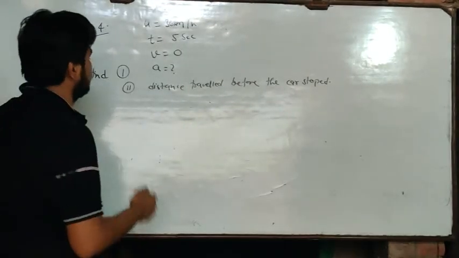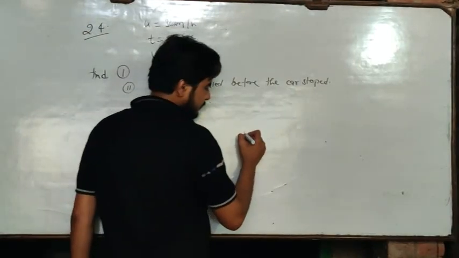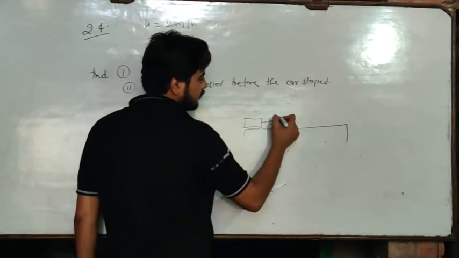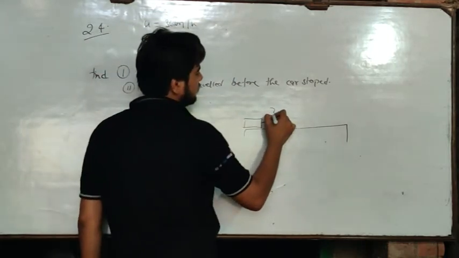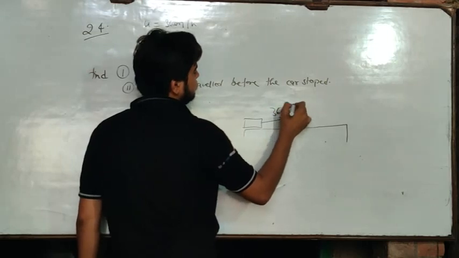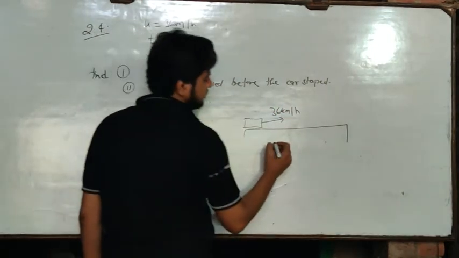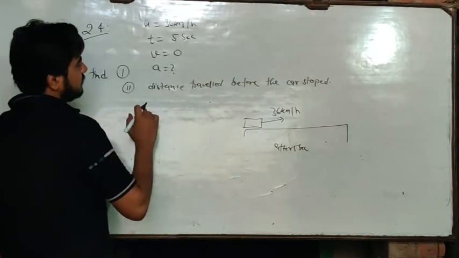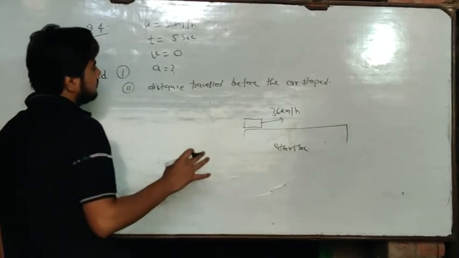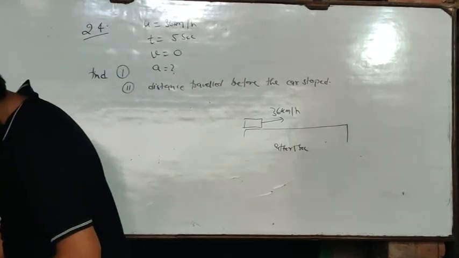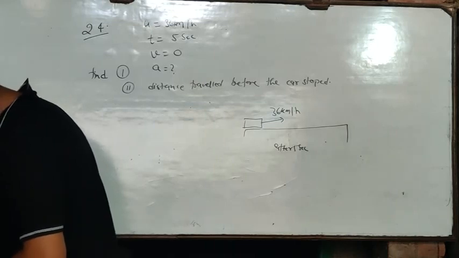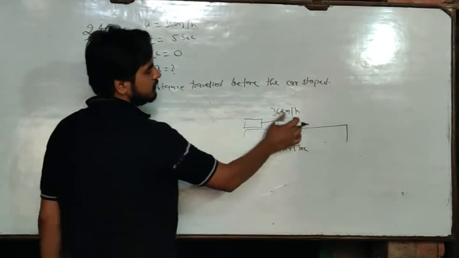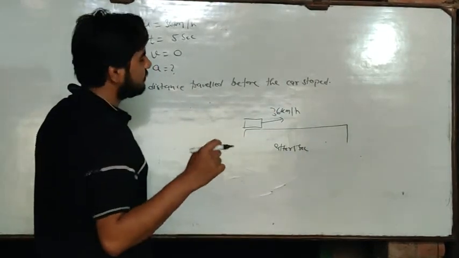Suppose this is a road. This is a car object which is moving with a velocity of 36 km per hour, and the driver applied the brake.